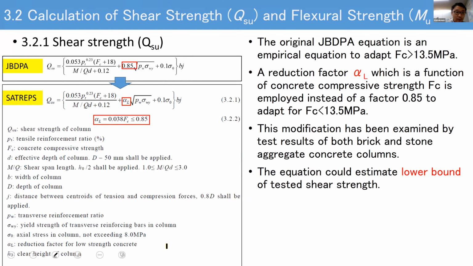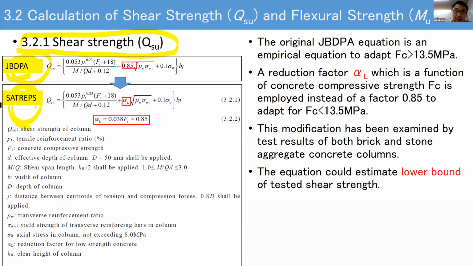Let me go into concrete equations. First one is equation of shear strength QSU. This equation is the current Japanese seismic evaluation standard equation, and this is our proposing equation. As you can see here, the modification is very minor.